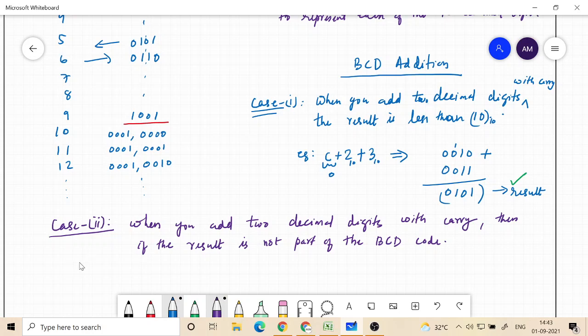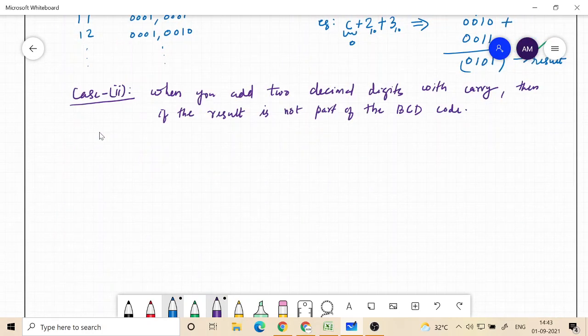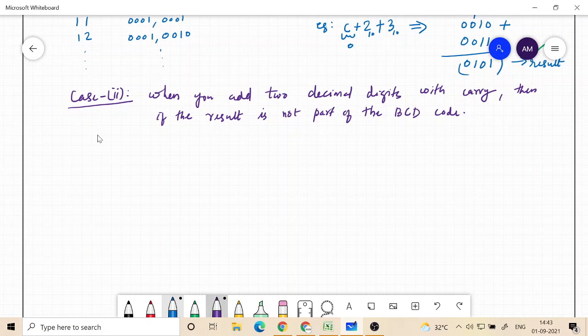So let's take an example. Example will make it very clear. So what you have to do is make the result larger than 9 and lesser than 16. Any such result you can take.